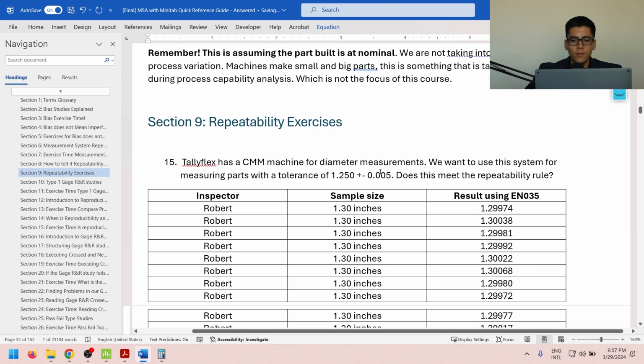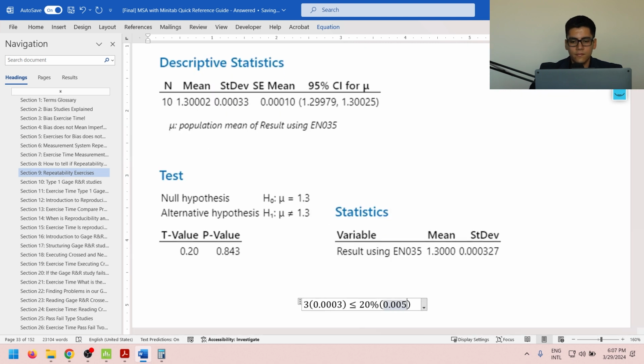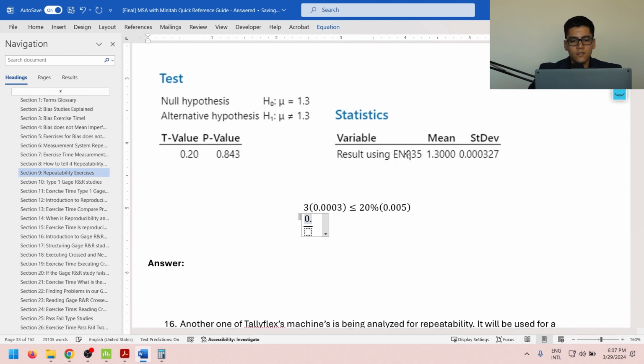The tolerance being plus minus 0.005. If I continue with the calculations as shown before, I'll do 0.0009 divided by 0.005 must be less than or equal to 20%.